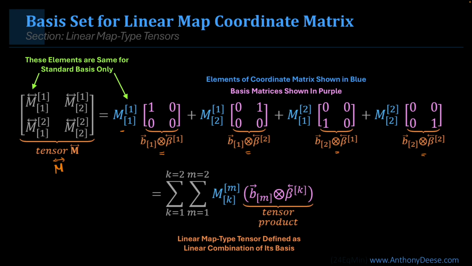These are all matrices composed of 1s and 0s in the purple. We defined these previously. To create our tensor, we multiply them by the corresponding elements of the coordinate matrix. And so what we end up with is a linear combination of matrices, which yields our tensor.